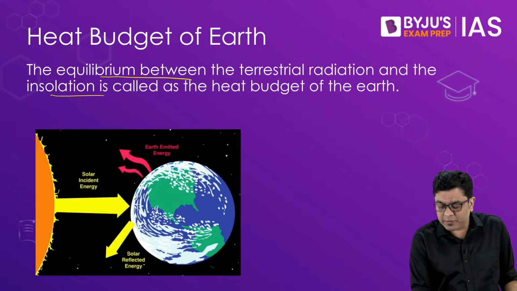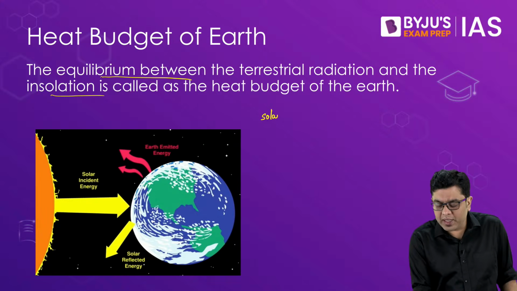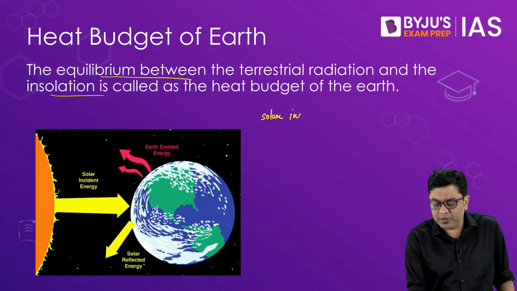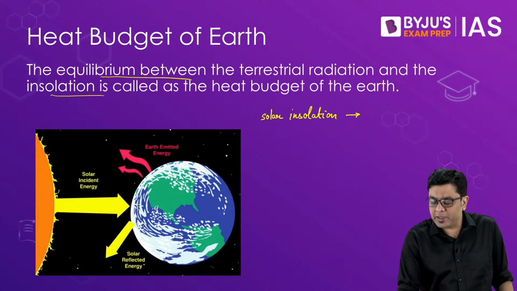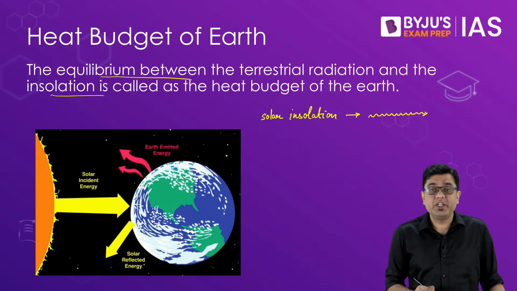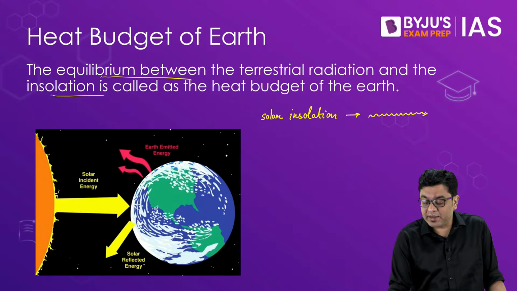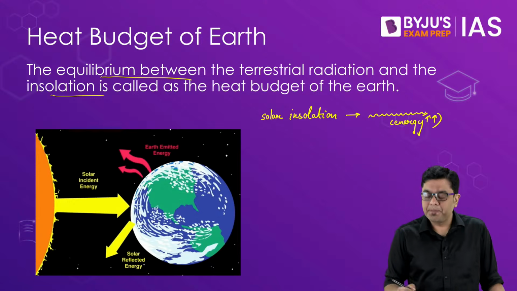So solar insolation is always carried out in the form of short wave radiation. These short wave radiations are very high in terms of energy level.